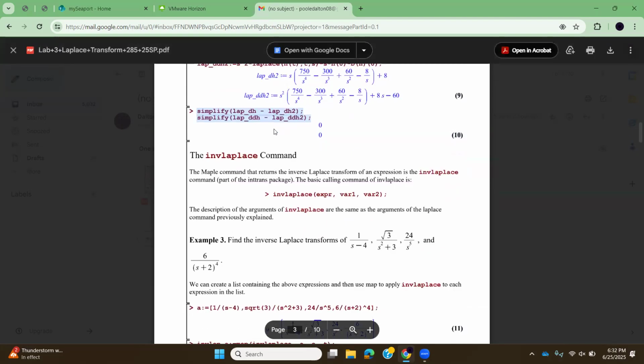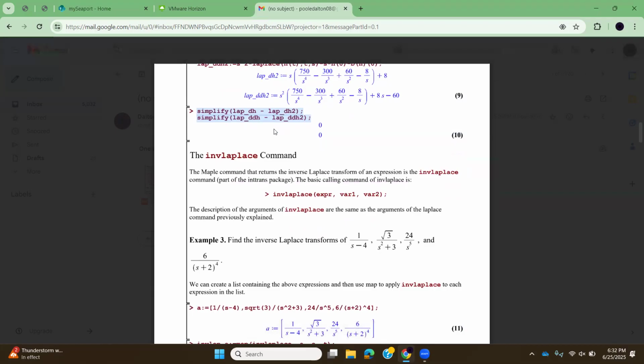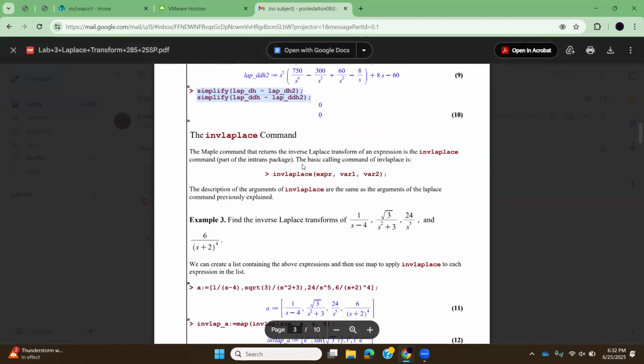Cool. So now we're going to look at the inverse command, which runs exactly the same: expression, var1, var2. You just put I and V in front of the plus. Coolio.